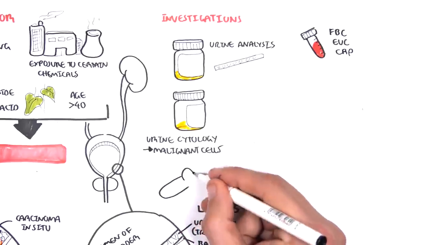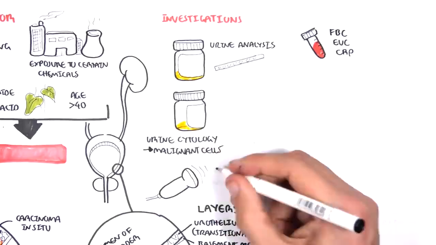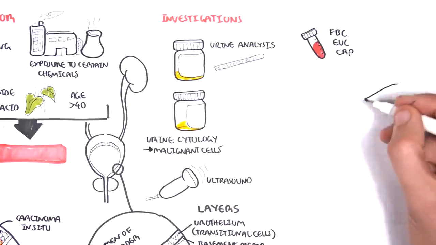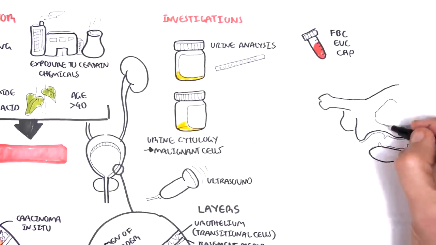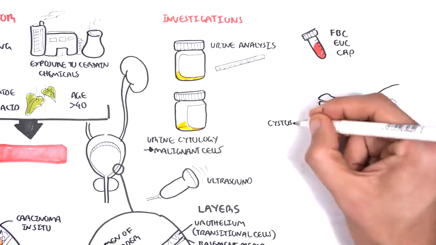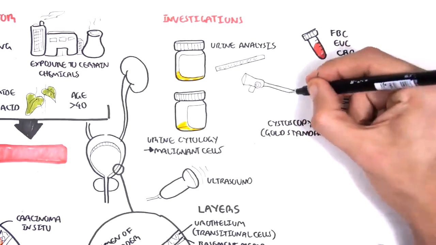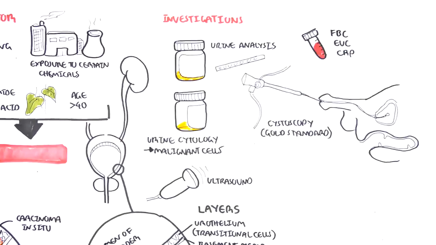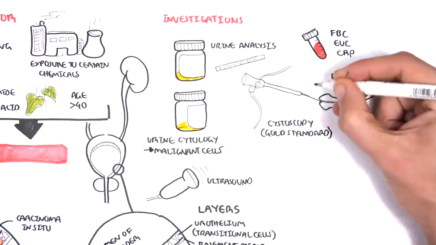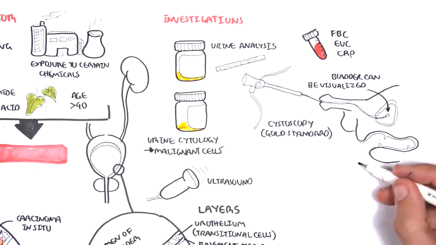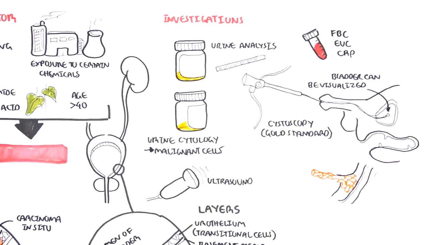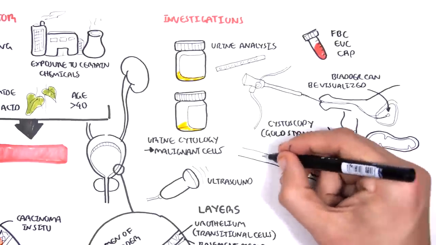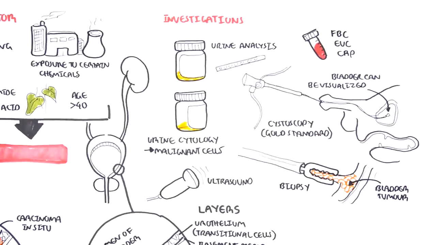The ultrasound of the bladder and kidney is a very good investigation for imaging. Finally, there is the invasive cystoscopy, which is the gold standard. This is where the bladder can be visualized from within, so you could see the urothelial layer. Also with this, a biopsy can be taken of the tumor, and this can be subsequently examined.